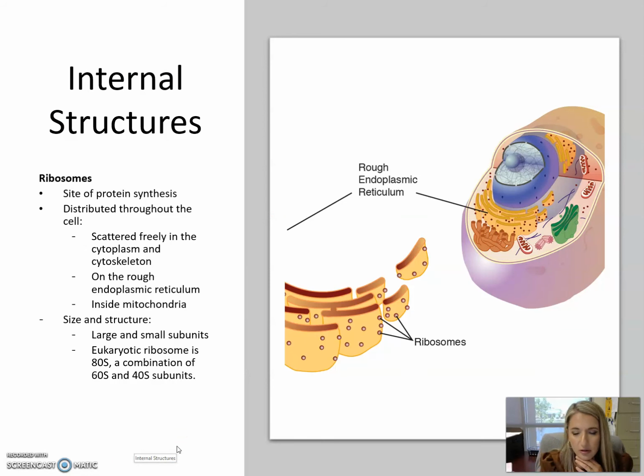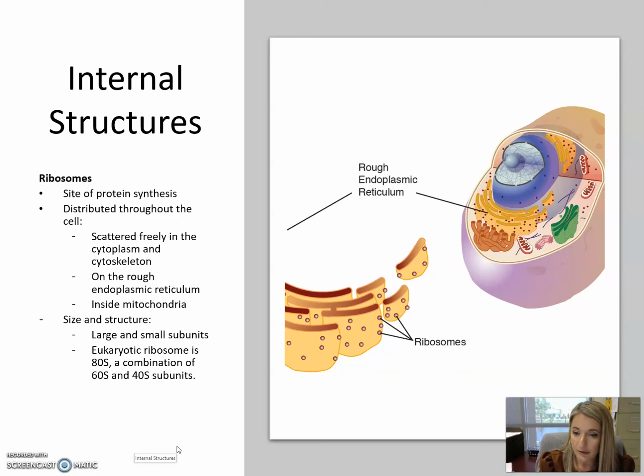The next structure, ribosomes. Both prokaryotic cells and eukaryotic cells have ribosomes. All cells have to have ribosomes because ribosomes are responsible for protein synthesis, and all cells have to have the ability to produce proteins in order to grow and divide. So even though both prokaryotic and eukaryotic cells have ribosomes, there are some differences.